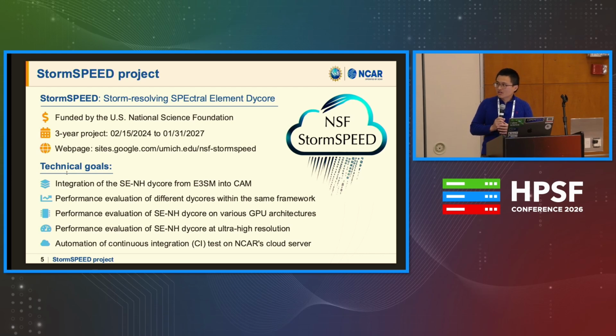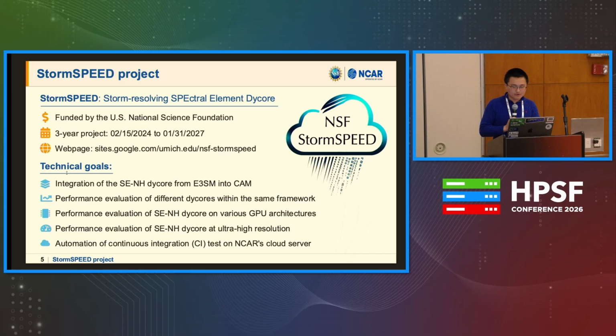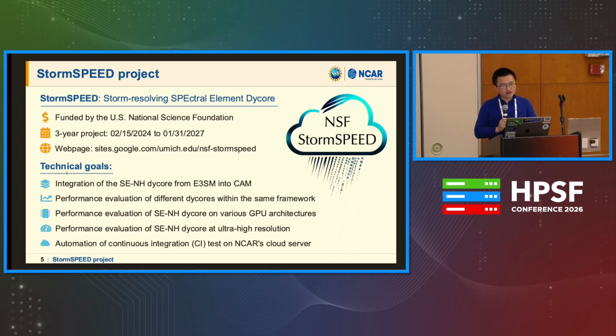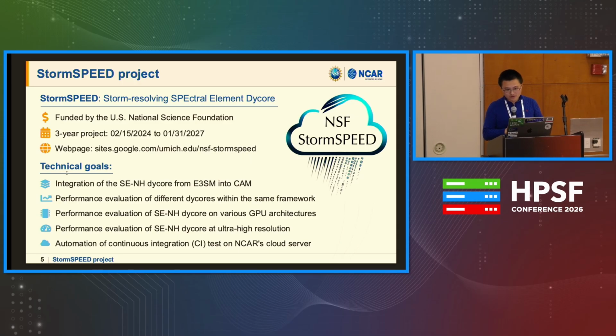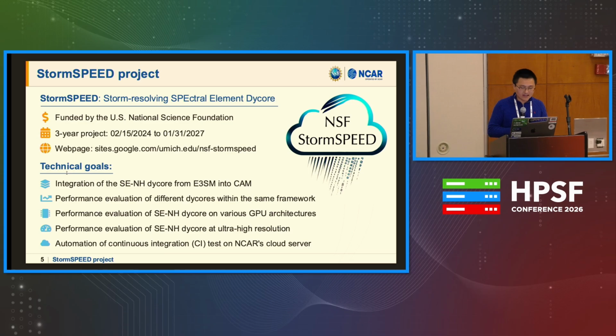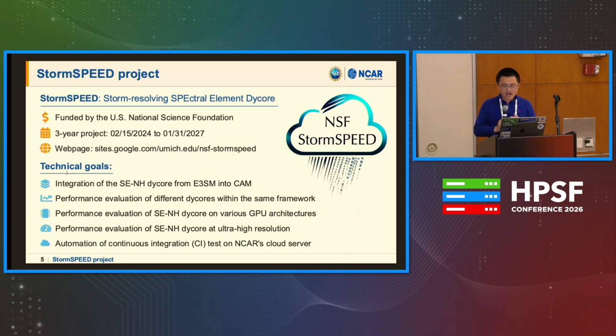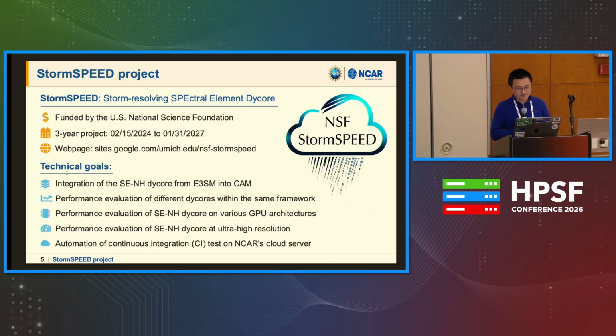We want to evaluate the performance of different dycores within the same CAM infrastructure, so we make sure that it's an apple-to-apple comparison. Also, for the SENH dycore specifically, we are interested to see its performance on various GPU architectures that we have at NCAR, as well as its performance at ultra-high resolution, which our own CESM cannot do at this moment.